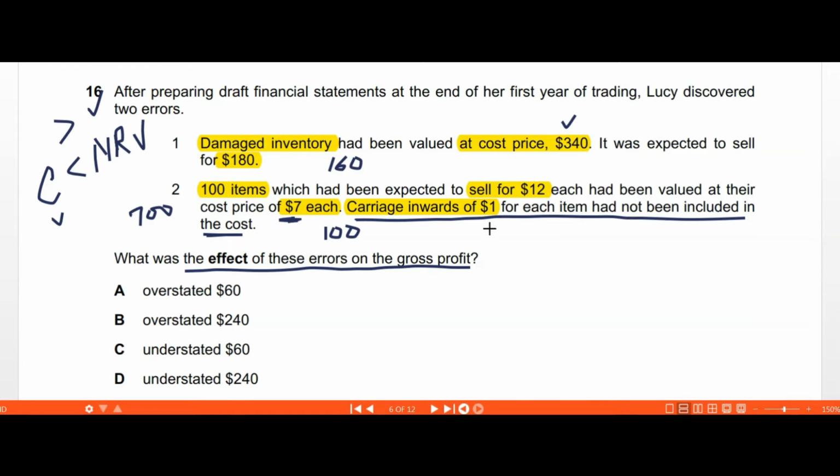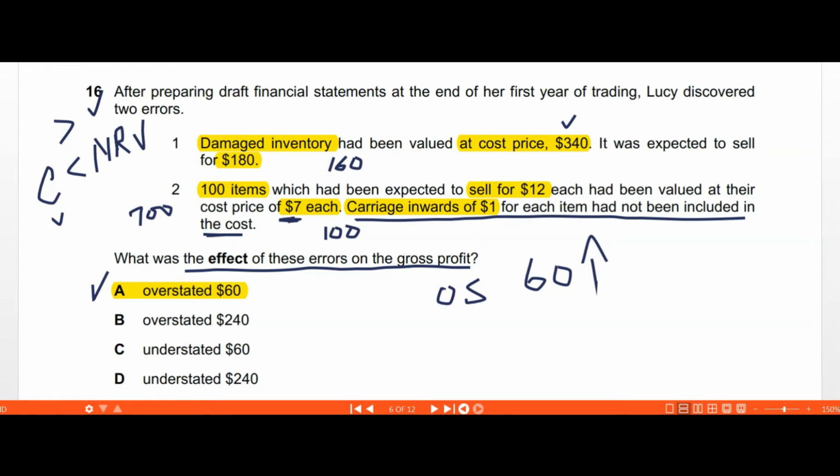Now the overall effect on the closing inventory will be, because this 100 will cut down 100 from the 160 that it was originally overvalued at, the closing inventory will be overstated by this value of 60. And when the closing inventory is overvalued, that means gross profit will also be overvalued. So we can easily say that gross profit is overstated by $60.